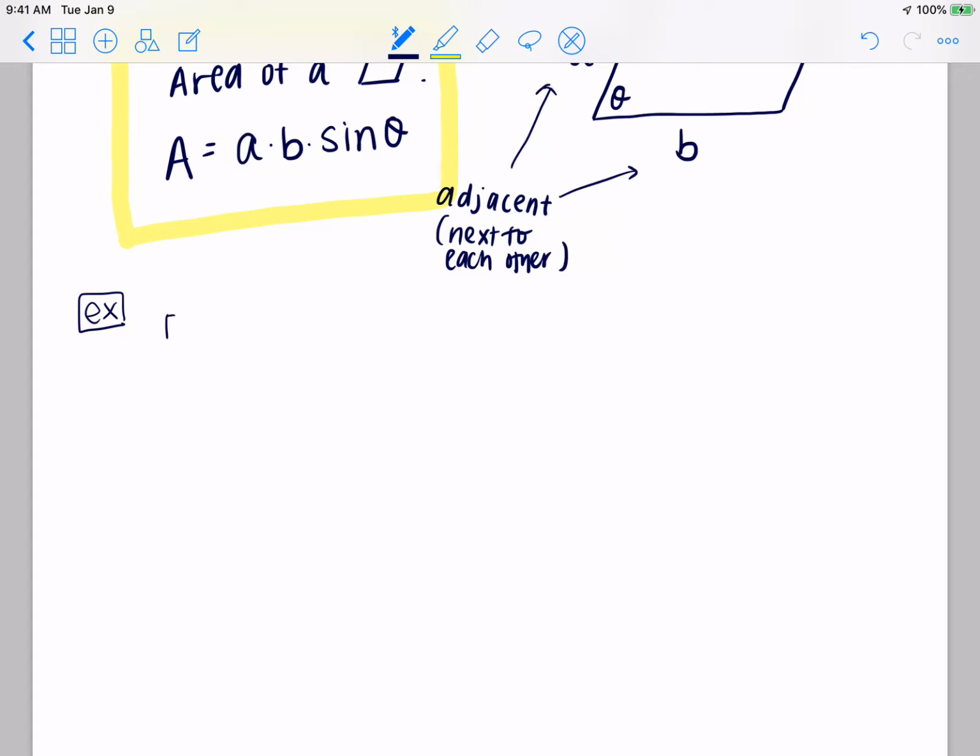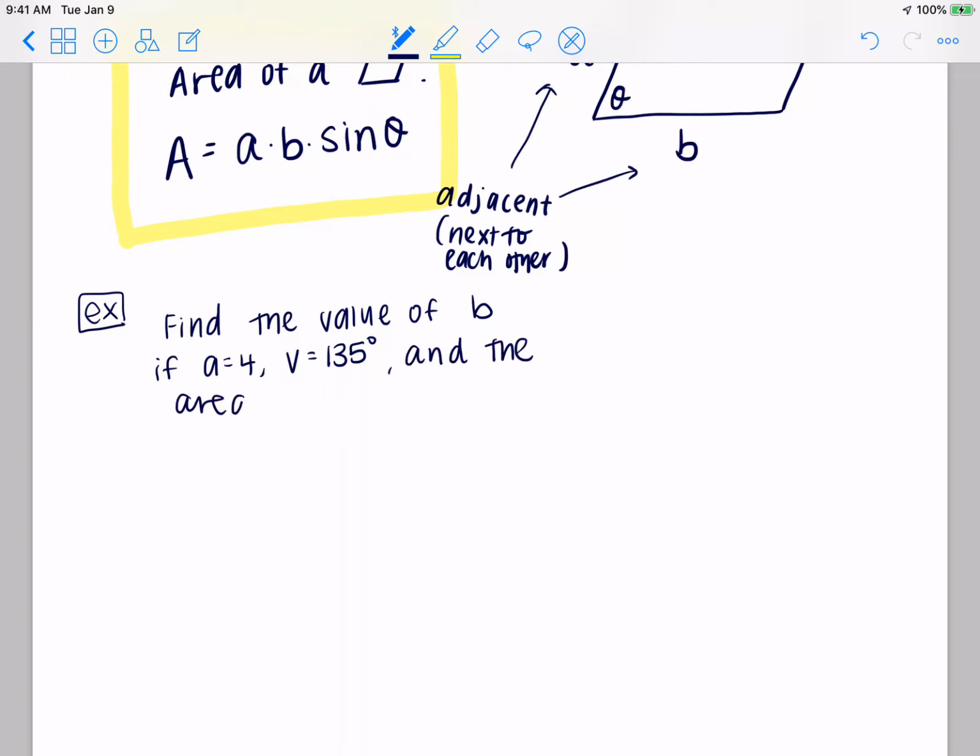Let's look at: find the value of b if a equals 4, v equals 135 degrees, and the area of the parallelogram equals 7.